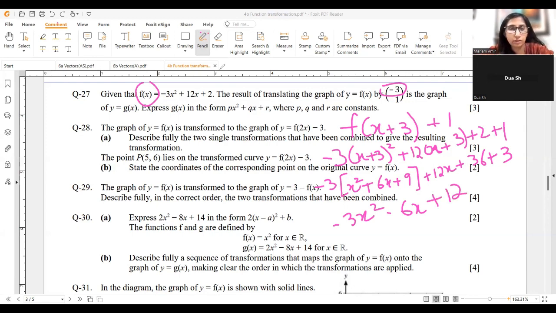Let me check the answer at the back as well. The answer is given as 3x squared minus 6x plus 12. No, it should be minus 3x squared. That is another typing mistake.